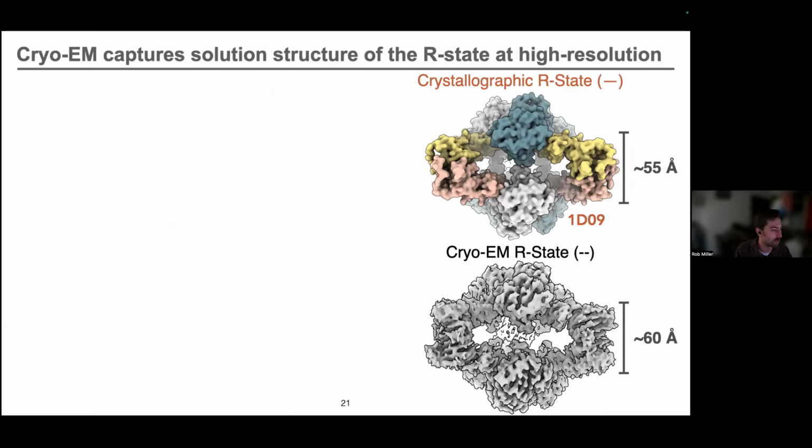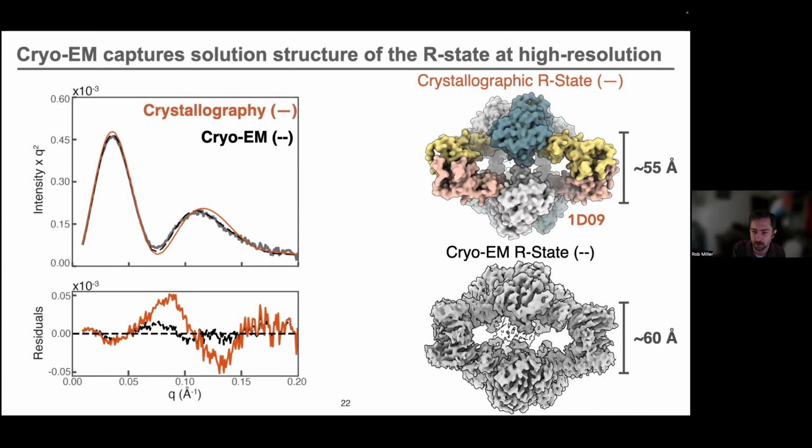And so right away, we wanted to turn back and ask, does this agree with the scattering that we see in solution? We first began by performing theoretical modeling from the crystallographic models. In agreement with what previous researchers saw, there was a systematic deviation from the theoretical scattering of these high-resolution crystallographic models. Because we're working in reciprocal space, the shift to higher Q indicates that the crystallographic model is more compact than the ensemble that we see in solution.